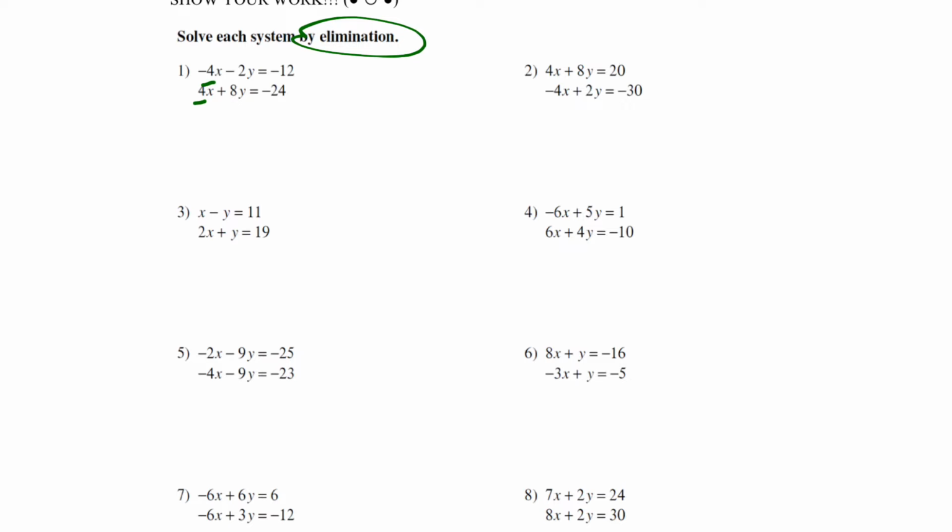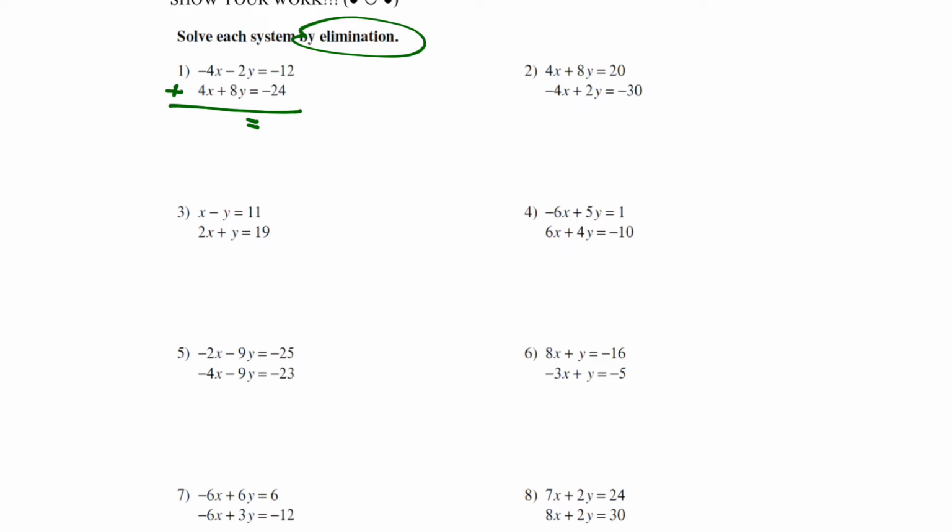This shows us that this one will be the most easily eliminated, and I can do that by going ahead and combining my equations. So in this case, because -4 is the opposite of +4, I can just add these together. And remember to keep your equal sign because we want to make sure that the sides remain equal to each other.